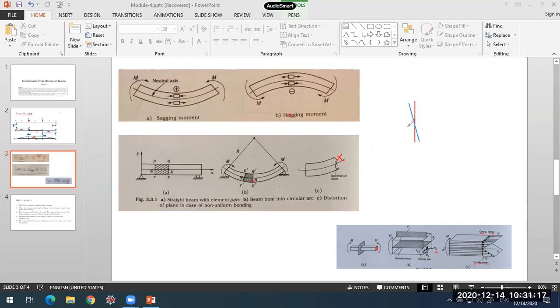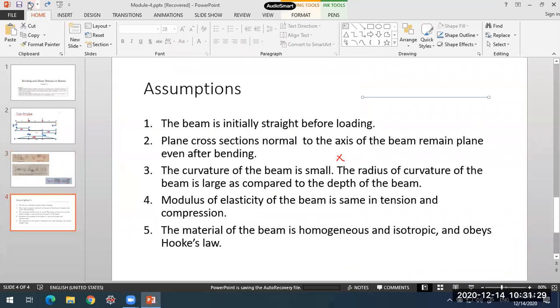That is what it means. Plane sections in the beam remain plane even after application of bending moment. So that is the meaning of this particular assumption, the second assumption.